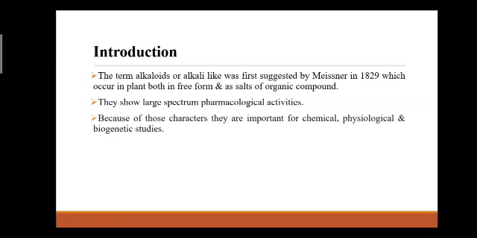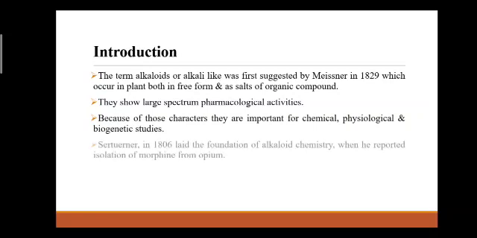Because of those characters, they are important for chemical, physiological, and biogenetic studies. Serturner in 1806 laid the foundation of alkaloid chemistry when he reported isolation of morphine from opium.